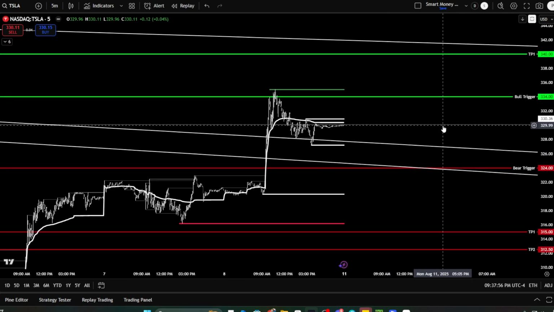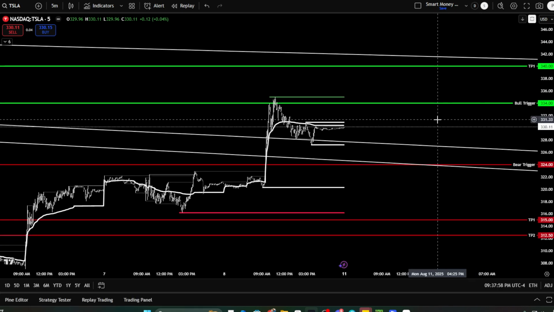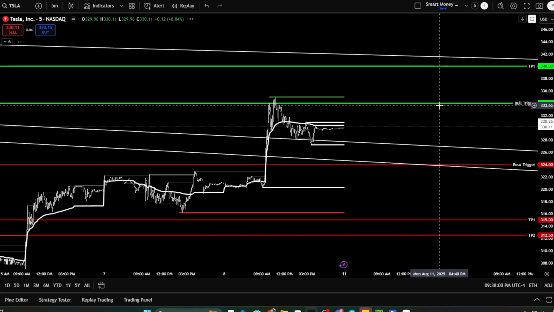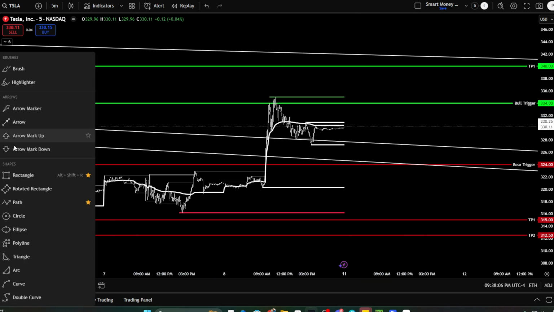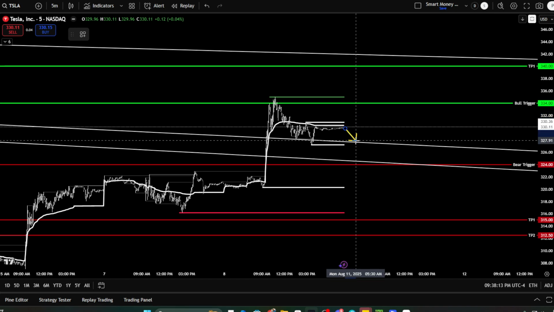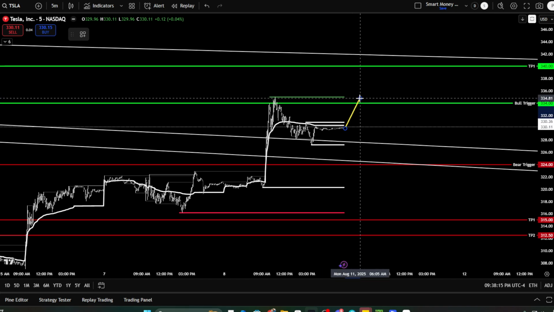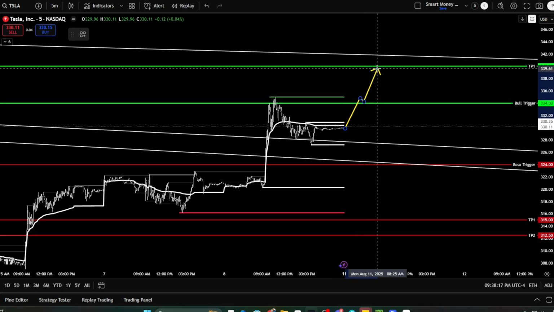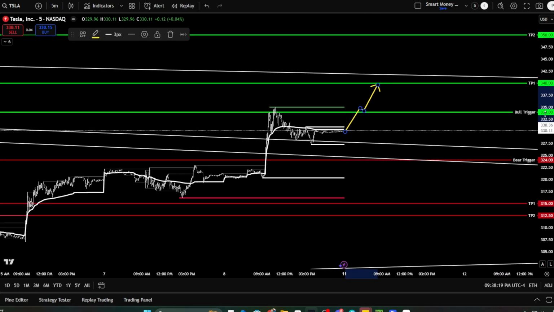So if we're looking at our levels and how to trade these levels after you've already put them on your chart, the bull trigger is where we will take a long position. As price comes up, what we're looking for is a 3, 5, or 15-minute candle close above this level, which is 334. We get our close above, and then we're looking to target 340 as our first take profit.